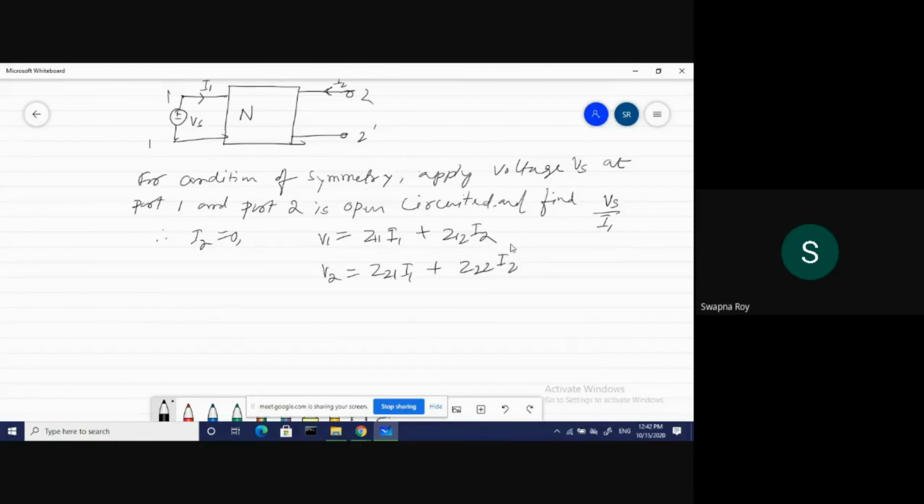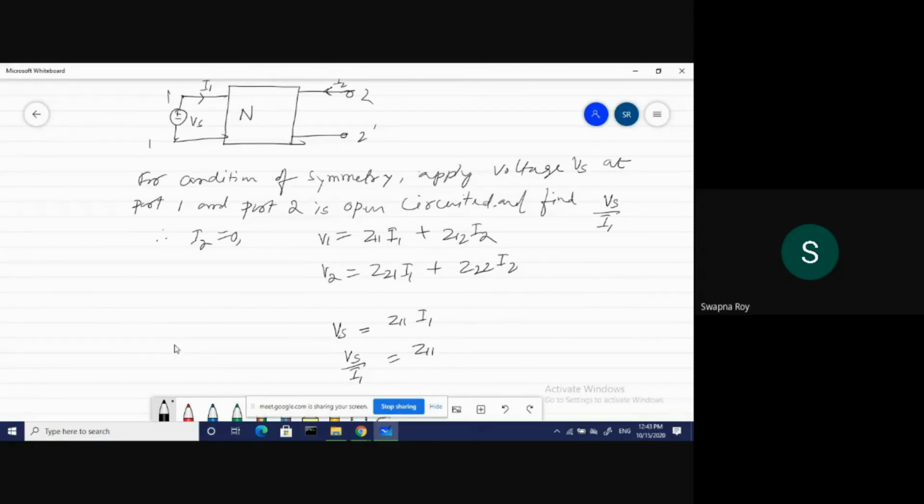I2 will be 0. So V1 is equal to Vs, and this is equal to Z11 I1. So Vs by I1 is equal to Z11.